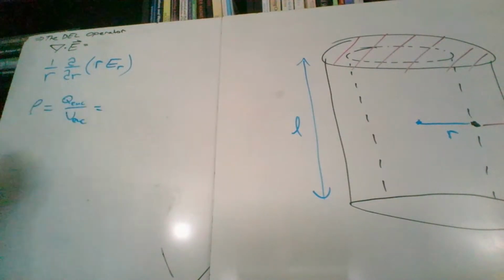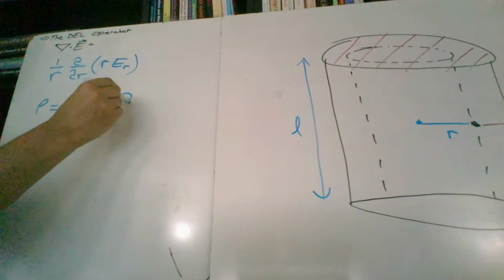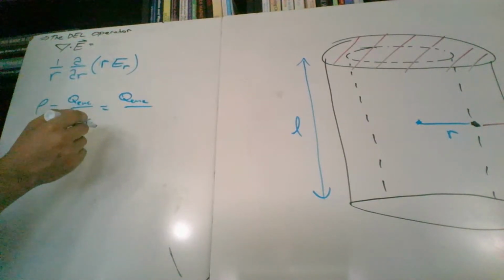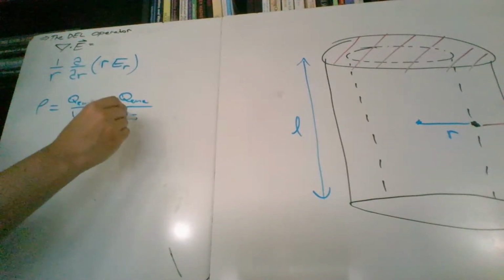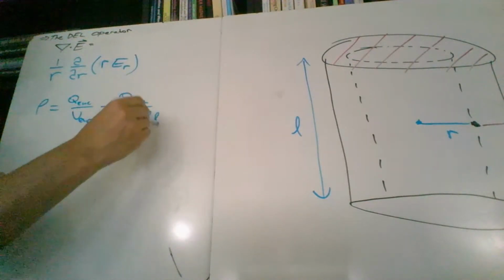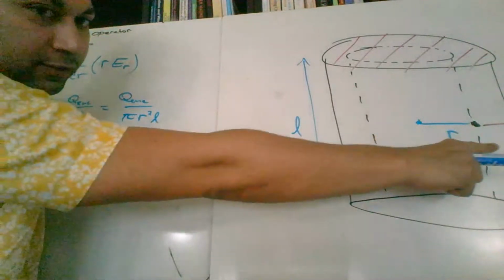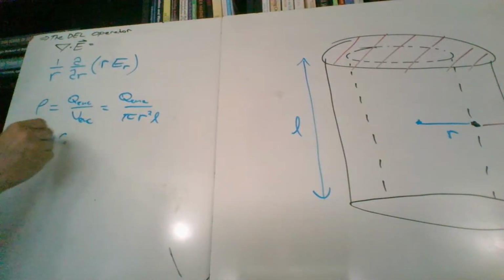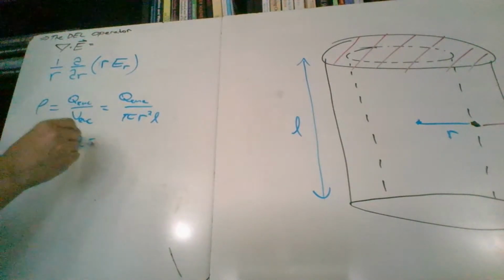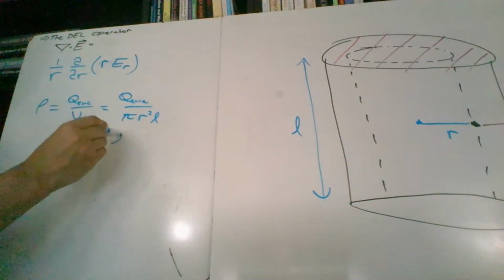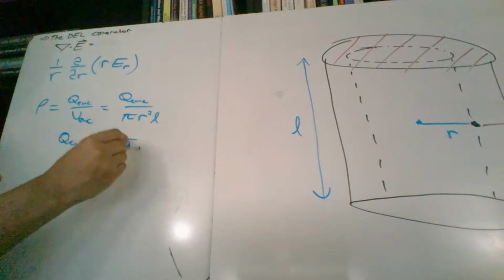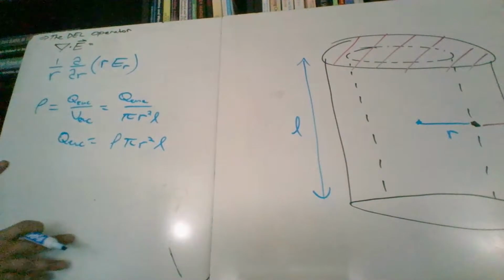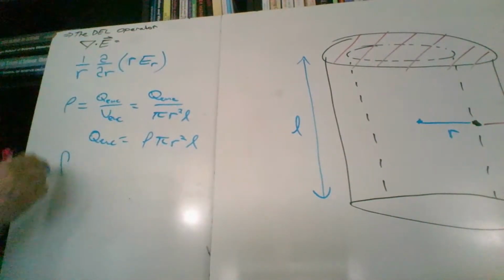The volume of a cylinder is pi r squared times L, because we're looking at the volume enclosed. So Q enclosed, if we solve it out, is equal to rho times pi r squared L. And then we can use Gauss's law finally.